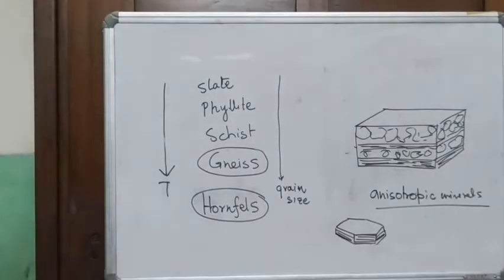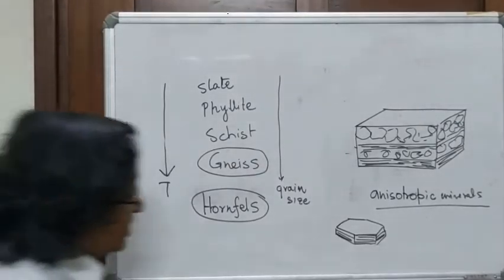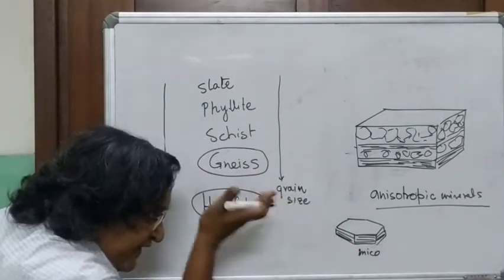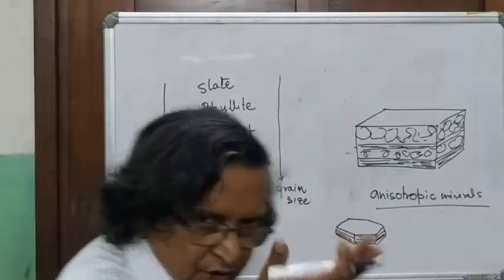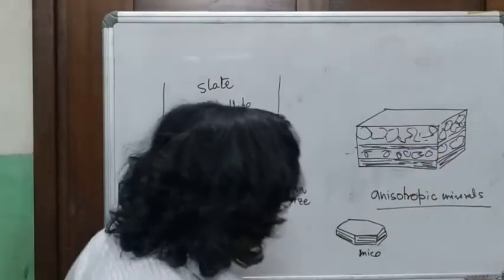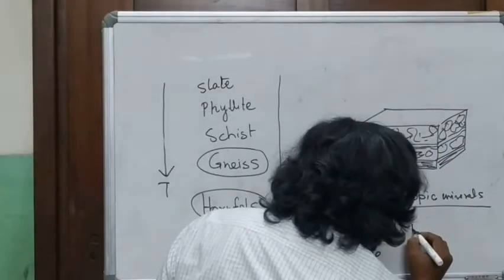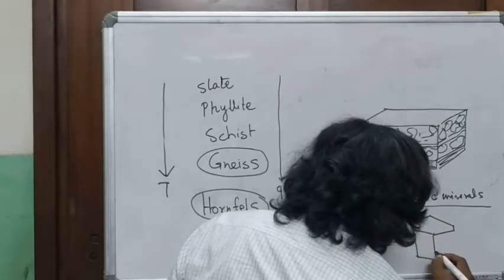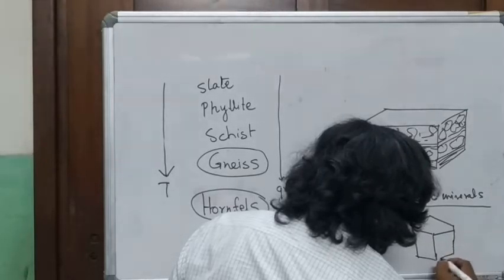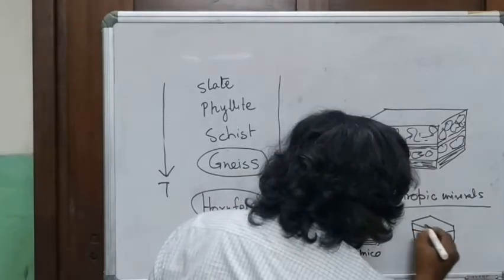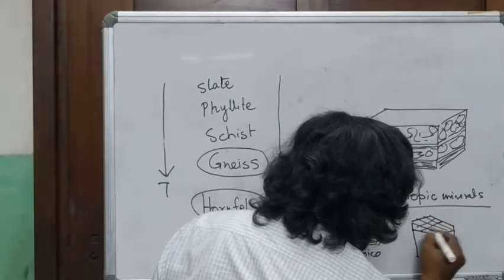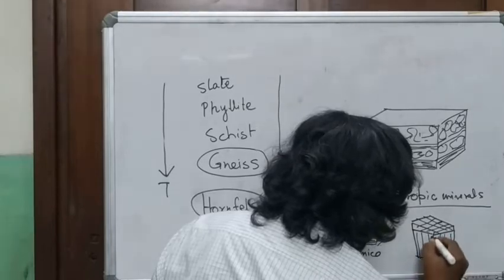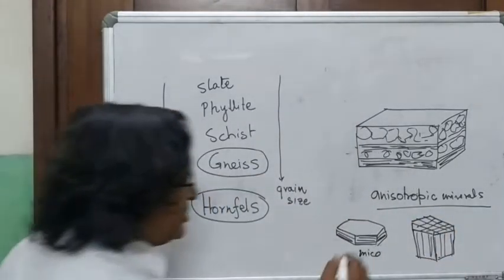You know, this is how a mica crystal looks broadly. So it is made up of very fine cleavages. Then you have minerals like these, and these are the cleavage planes.